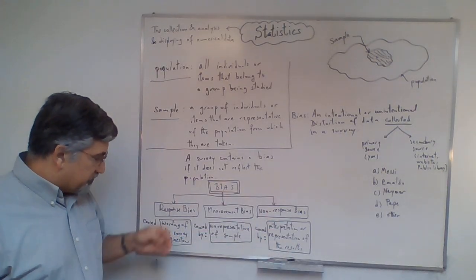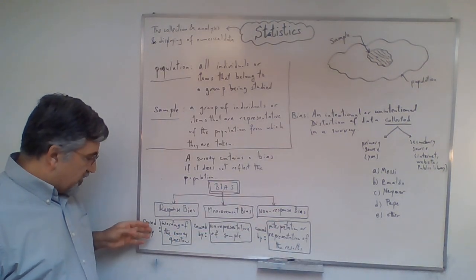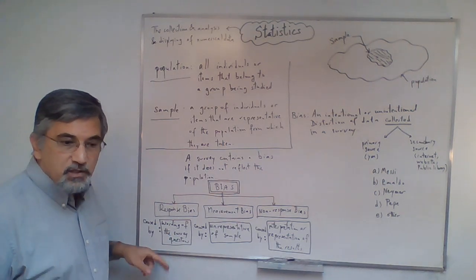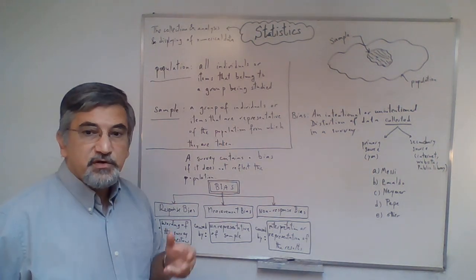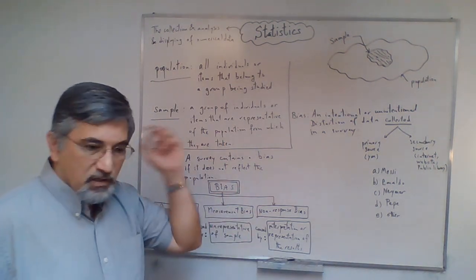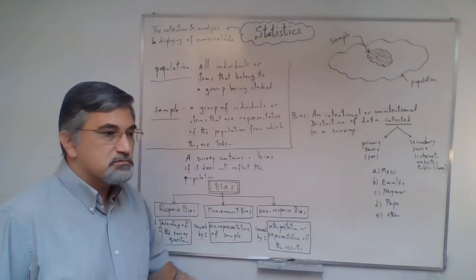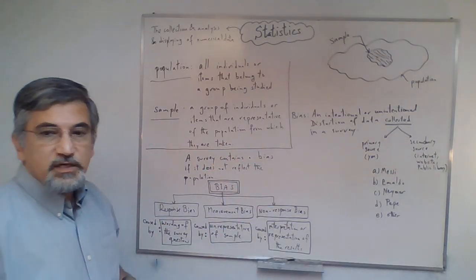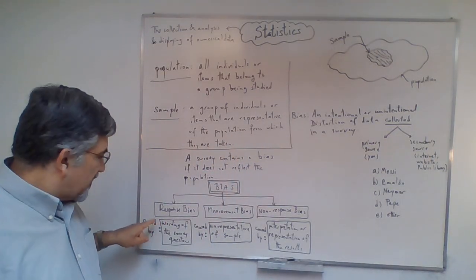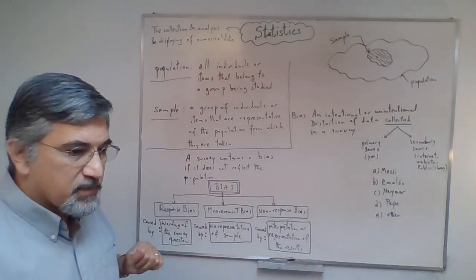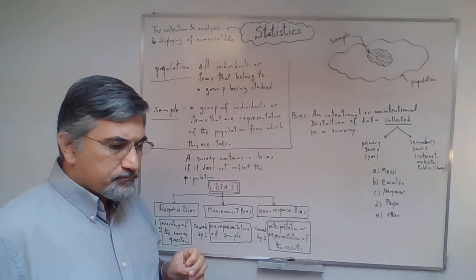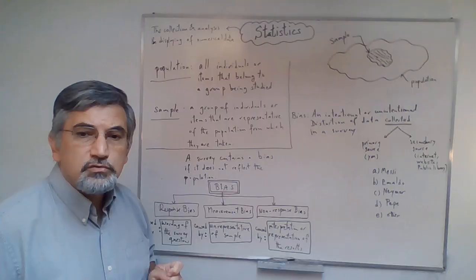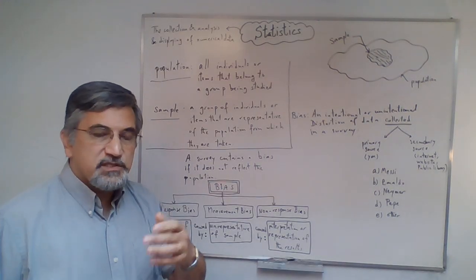So response bias is caused by the wording of the survey question. When you are preparing a survey, you want to ask about favorite sports of students in high school, or any other kind of question, you have to be very careful about the wording of the survey questions, so that it doesn't include any kind of bias. Let me give you an example.